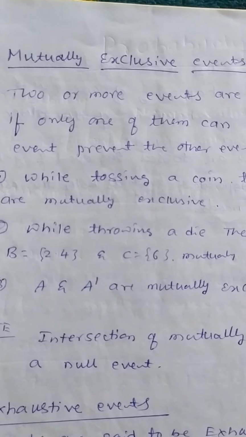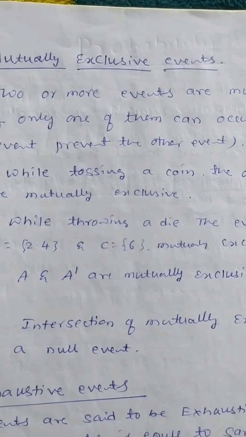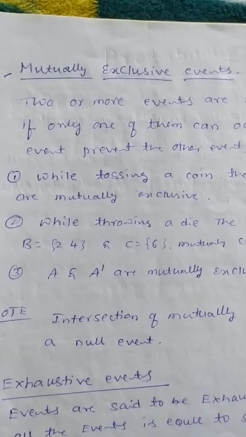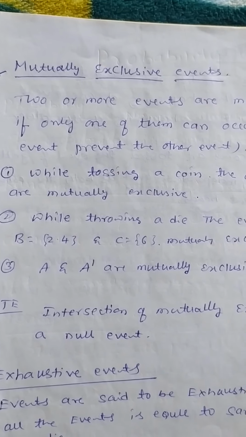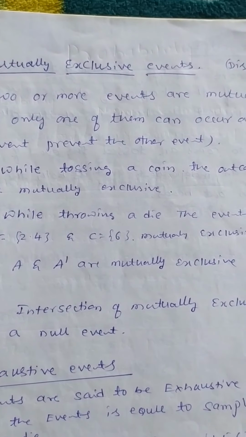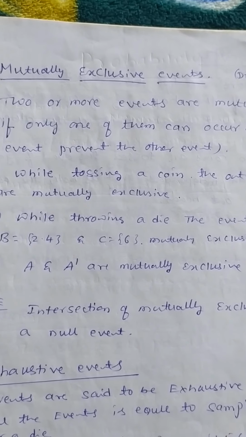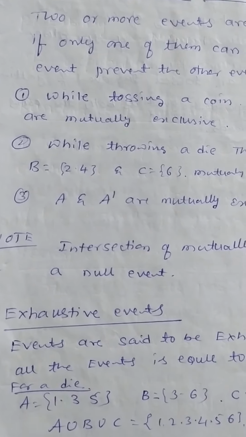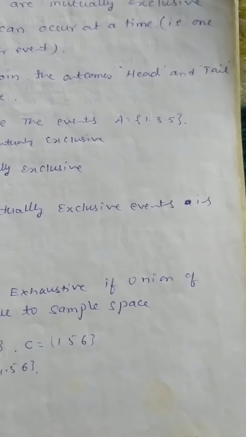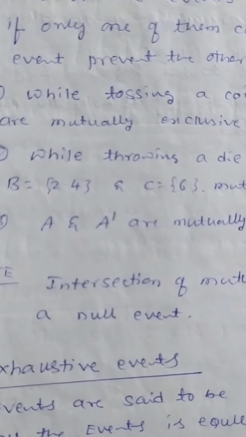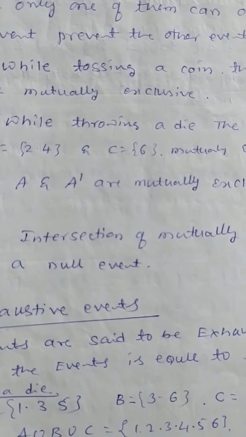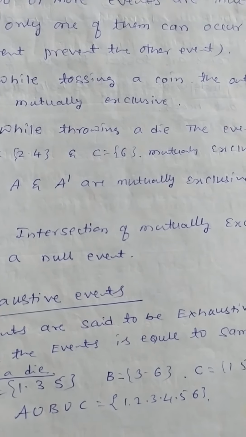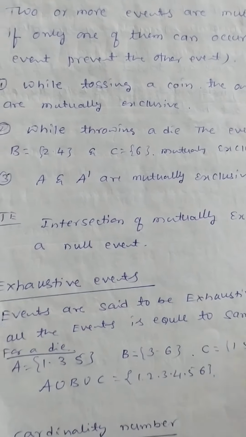You know how to find A and its complement; A complement means elements which are not in A. A and A complement (A bar, A dash) are always mutually exclusive. And a very important note: the intersection of mutually exclusive events is always the null event, since mutually exclusive means no common element.